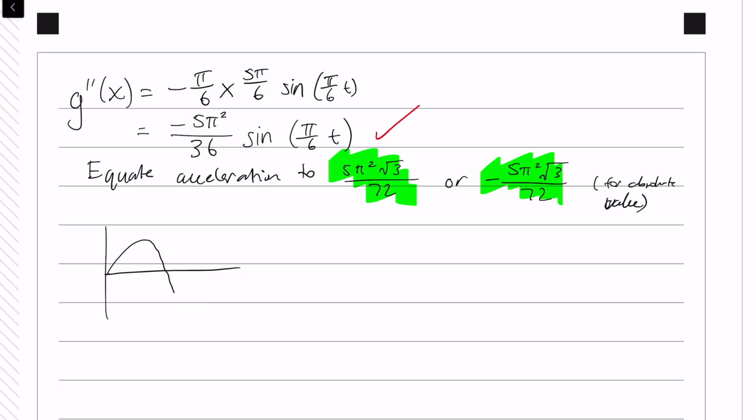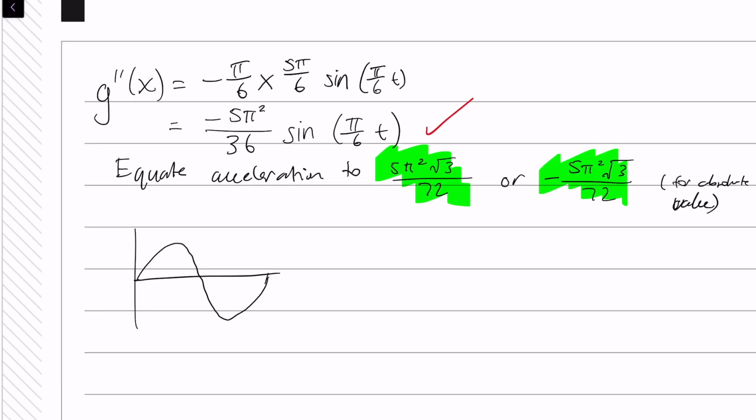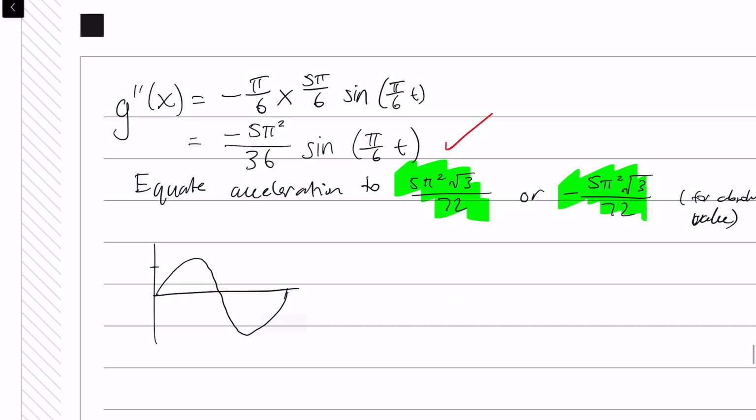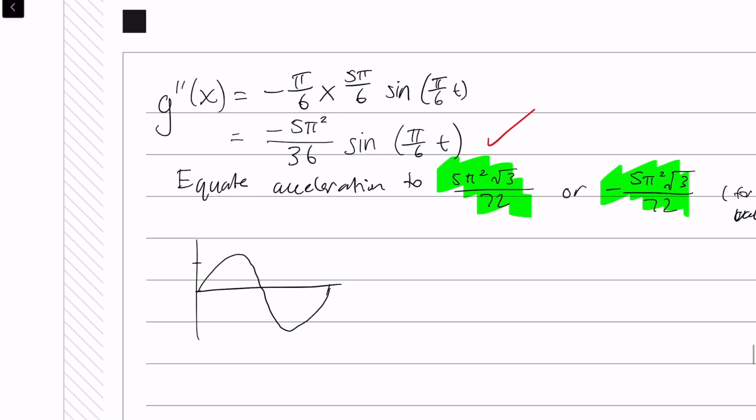I'll just do one period of this. If the acceleration of this function, which is still a sine function, well, it's a negative sine function, but just pretend it's a normal sine function. What I'm really trying to say is that at a particular point, which is our 5 pi squared times root 3 all over 72, we're going to have two time intervals when that glacier acceleration meets that.